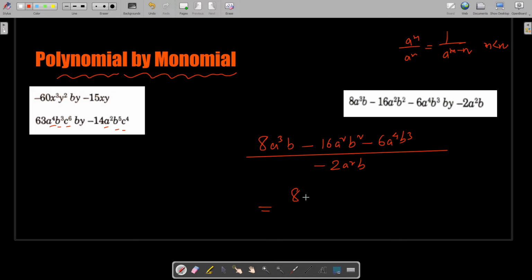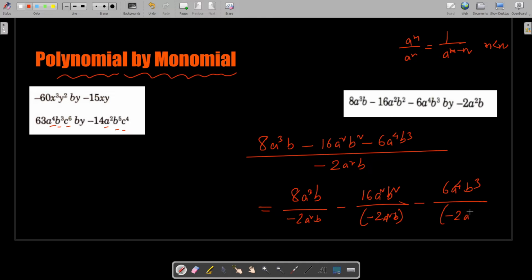So write it like this: 8 a cube b divided by minus 2 a square b. There's a minus, we'll write 16 a square b square and minus 2 a square b. Last one we have 6 a to the power 4 b cube divided by minus 2 a square b.